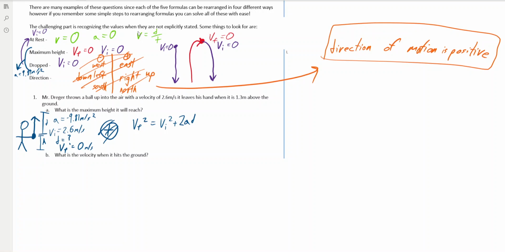Now, the question is, what is the maximum height it will reach? So we should rearrange this to solve for D. So first step here is that we're going to move VI squared over because, well, here it is. Our first rule is we want to get our unknown on top and then by itself.